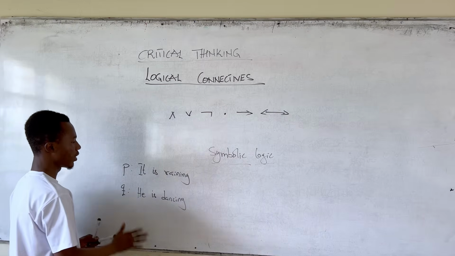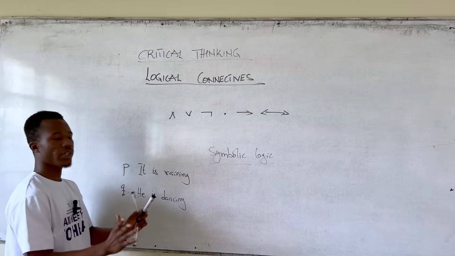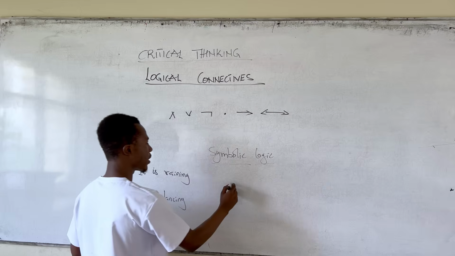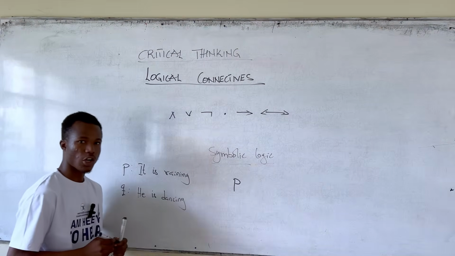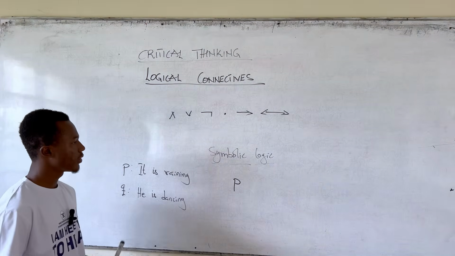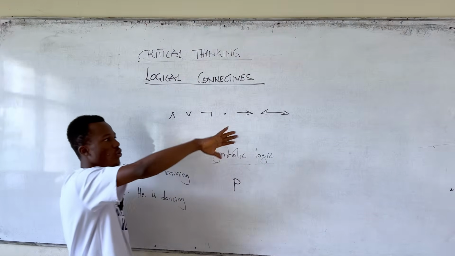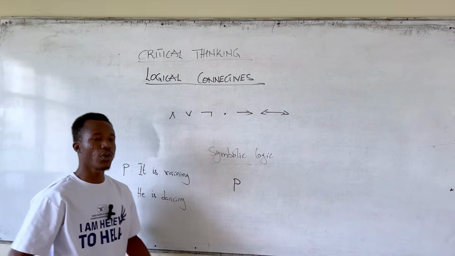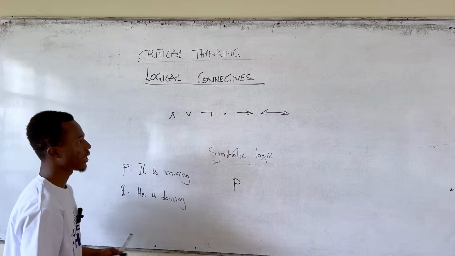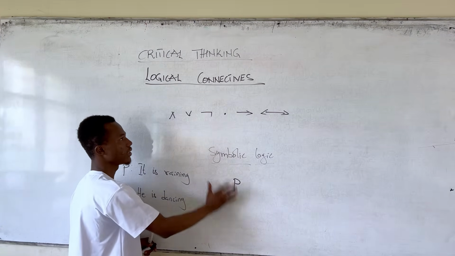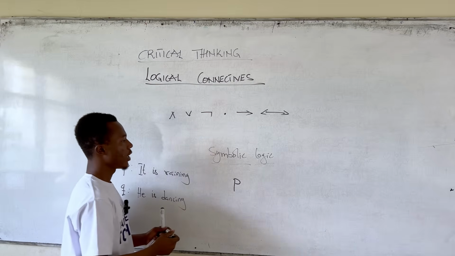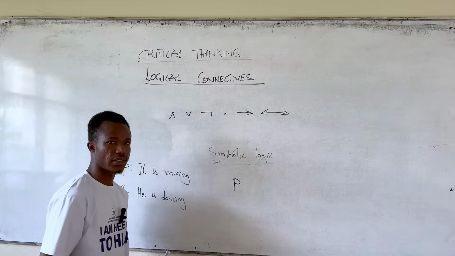So it is raining is represented by P. Then we are going to look at the definitions and meanings of all the symbols. Once you understand the symbols, you can convert statements into symbols, and symbols into statements.